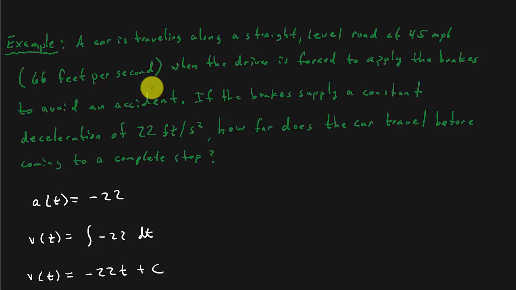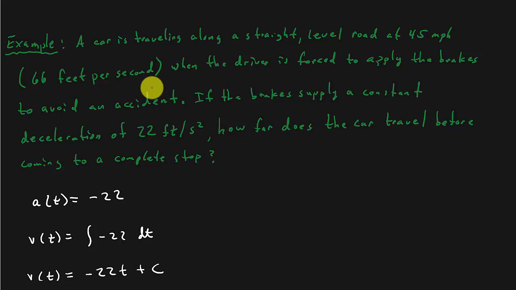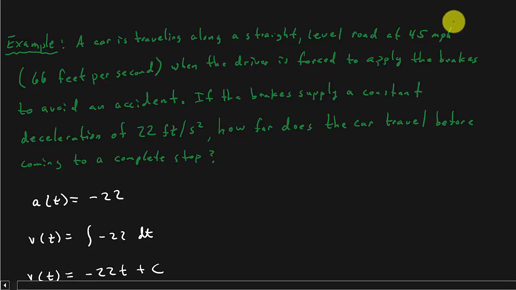At what time does he apply the brakes? Well, he applies the brakes at t equals 0. That's when we're starting everything. And at t equals 0, his speed is 45 miles per hour.